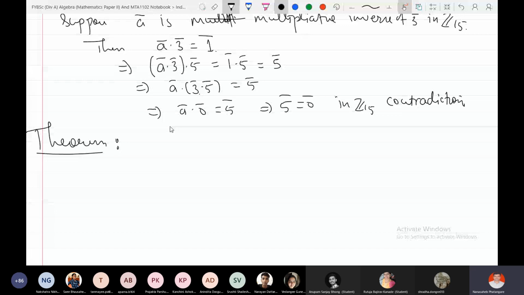So in Zn, every non-zero element possesses a multiplicative inverse if and only if n is a prime number.